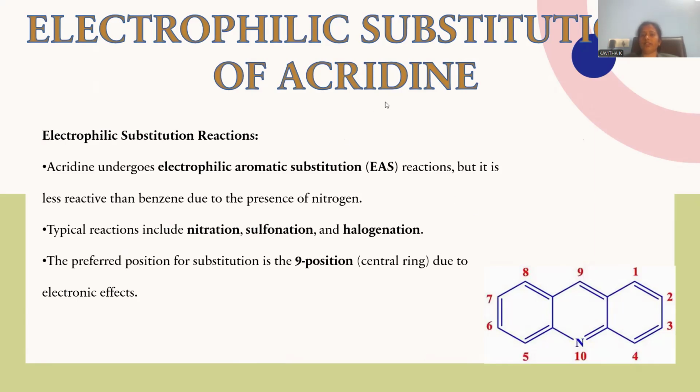Being aromatic in nature, that's the reason why acridine is able to participate in the electrophilic substitution reactions, but the reactivity in comparison to the benzene is certainly less. That is purely because of the presence of the nitrogen, which is obviously electron deficient in nature, having the tendency to drag the electron density toward it, so that electron cloud density on the acridine is somewhat less.